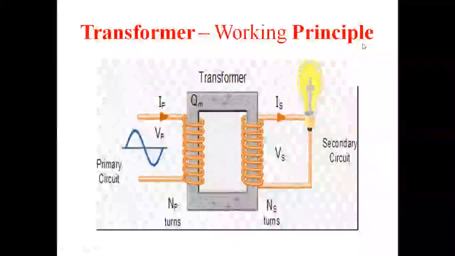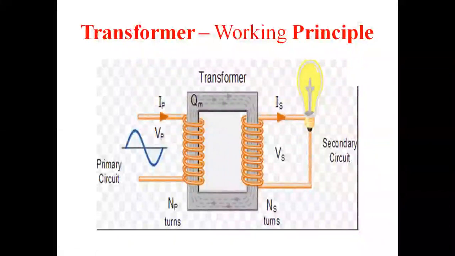Next, the transformer working principle. A transformer works on the principle of electromagnetic induction between two coupled circuits or coils. The primary winding is connected to the alternating source. Therefore, an alternating current starts flowing through N_P turns. The alternating MMF N_P I_P sets up an alternating flux, which is confined to the high-permeability iron path.